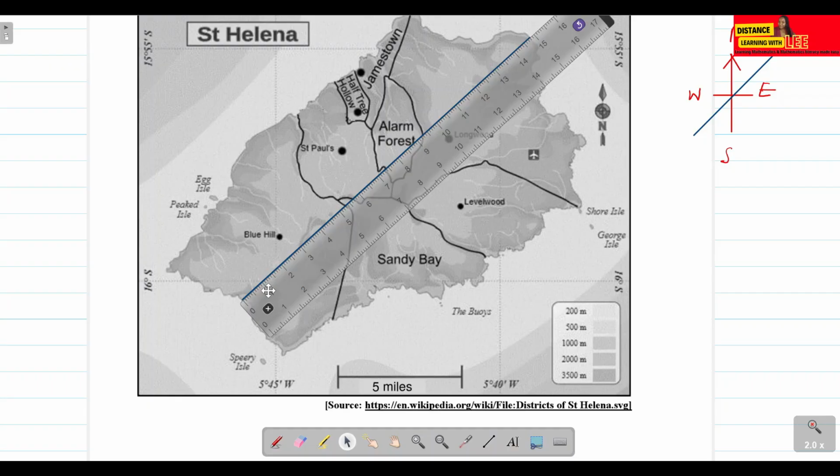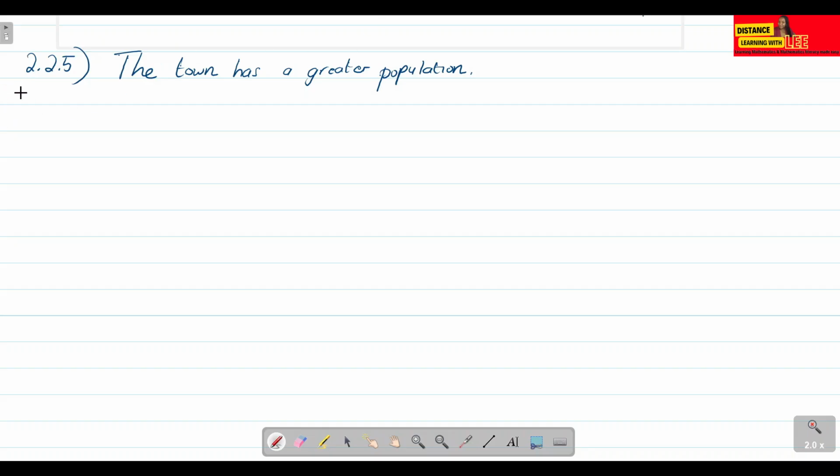If you look at my ruler on my PDF electronic copy, it gives me a distance of about 14.9 centimeters. That is what I am getting with my electronic copy. So I would write down that I got 14.9 centimeters.